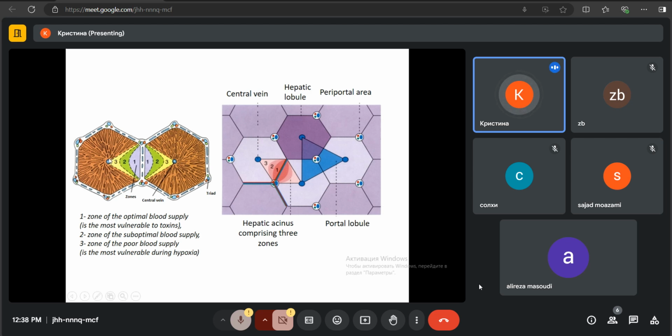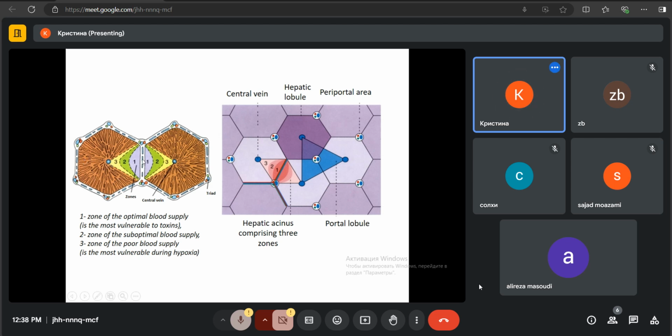So here is this acinus shown. So the hepatocytes can be subdivided into 3 zones: zone 1, 2, and 3. As you remember, the blood flows from the periphery of our classical lobule to the central vein, like this.